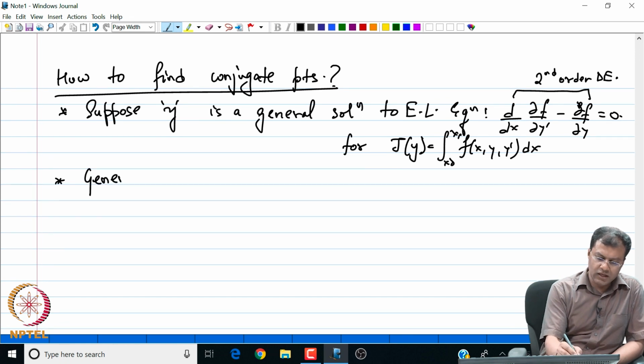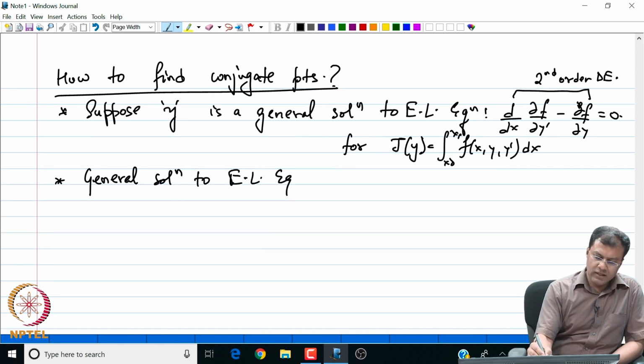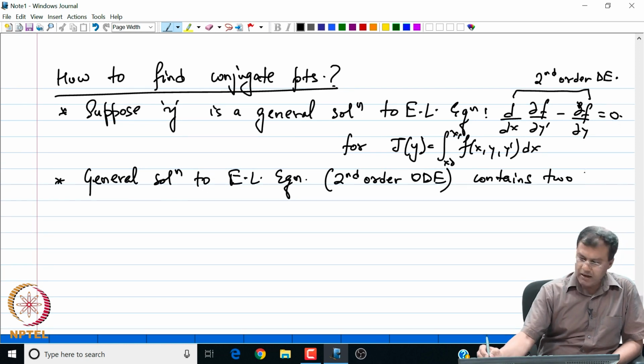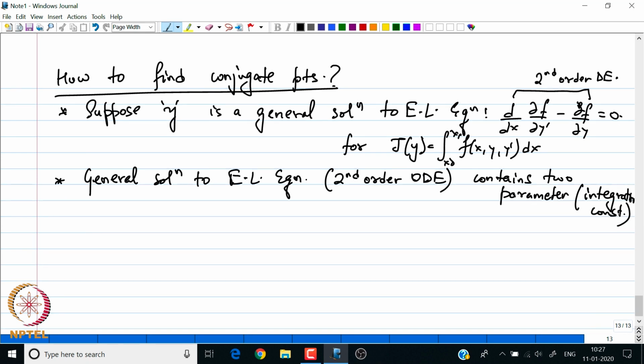Since this is a second order ODE, the general solution contains two parameters, or integration constants, which means that my general solution can be written as follows.